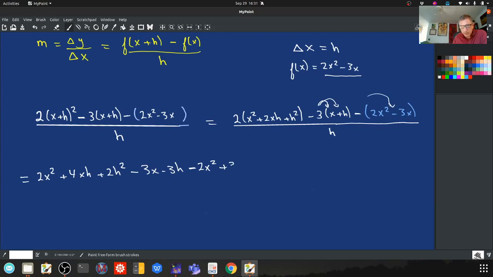That's where the error will occur so many times. Not so much in college algebra, but more than I like. And all of this is over h.